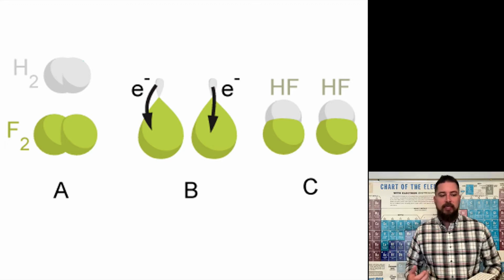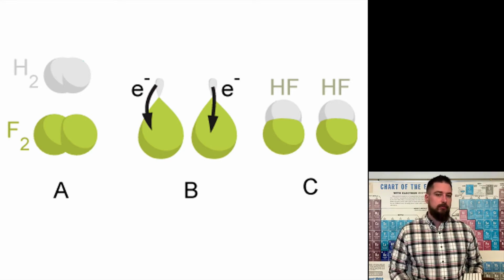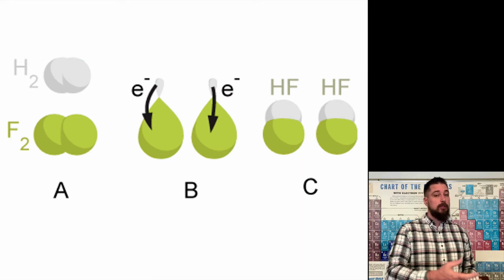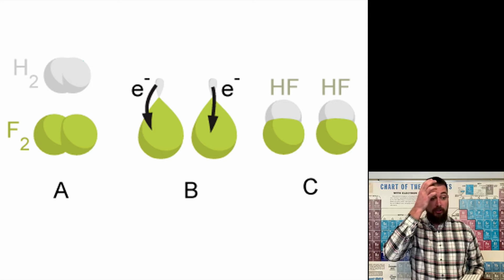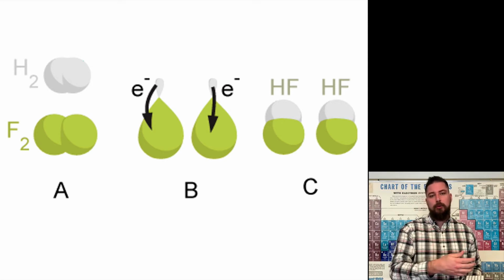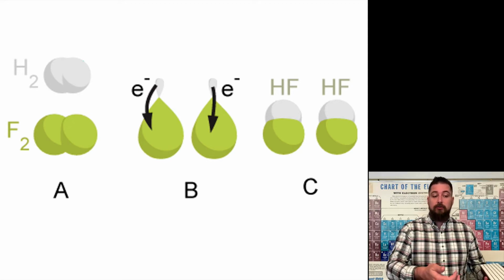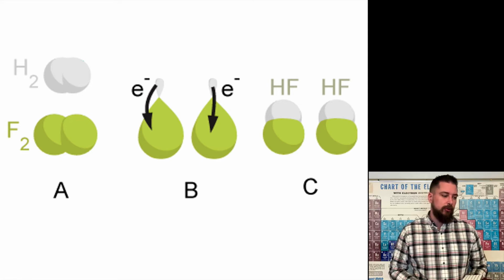Because of that, we say the hydrogen has an oxidation number of 1+, and the fluorine has an oxidation number of 1-. I'm going to talk about how you can determine that; I haven't talked about that yet. But the point here is there's not a full 1 positive and full 1 negative, but there is a sort of gravitation of the electrons towards the fluorine.